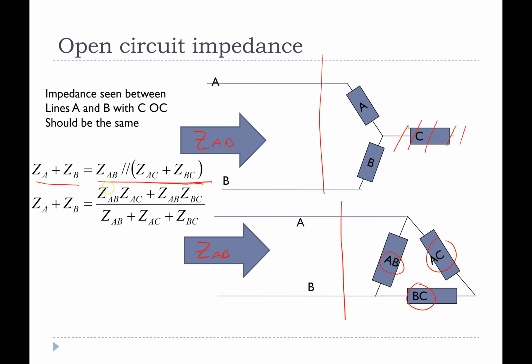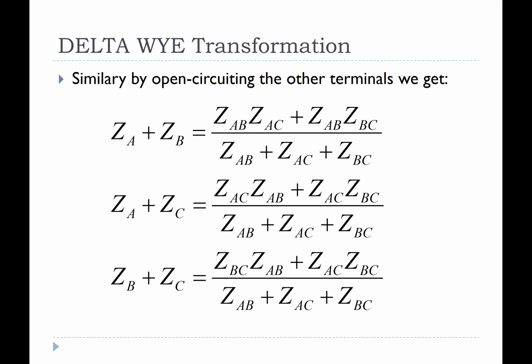And now I want to find what ZAB, ZAC, and ZBC would have to be in terms of ZA, ZB, and ZC. So we're going to do some mathematics. I'm going to leave you to go through it in more detail, because it's just really manipulating the equations. And you'll see it could get a little bit, not complicated, but a little bit tedious.